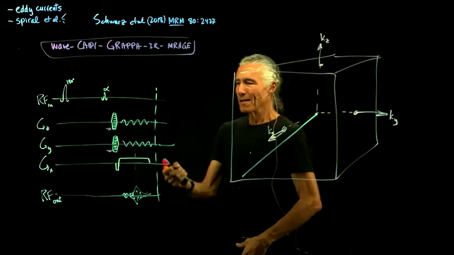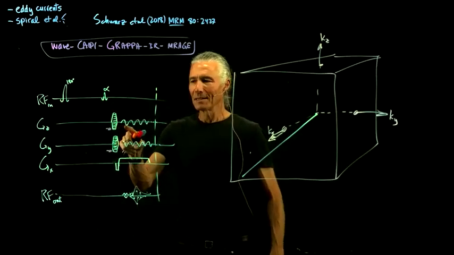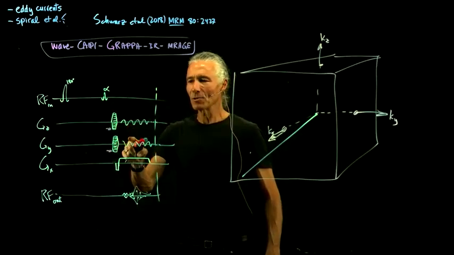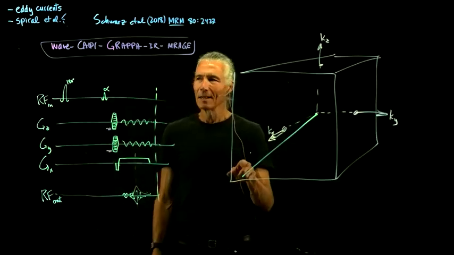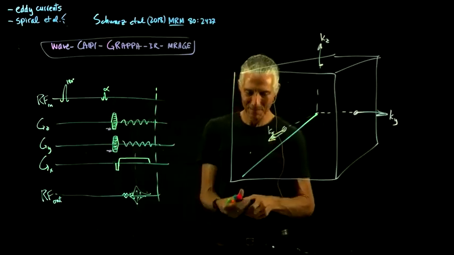And then we turn on all three gradients at once. So what are these two gradients going to do? They're going to make you go through little corkscrews in K-space.